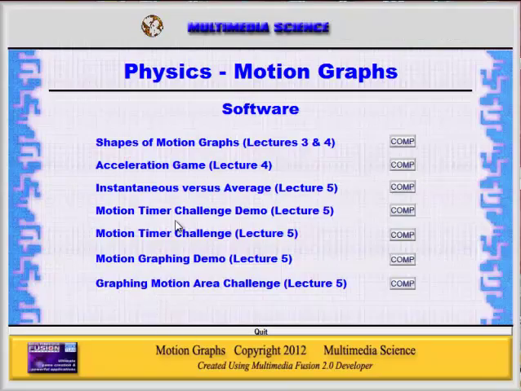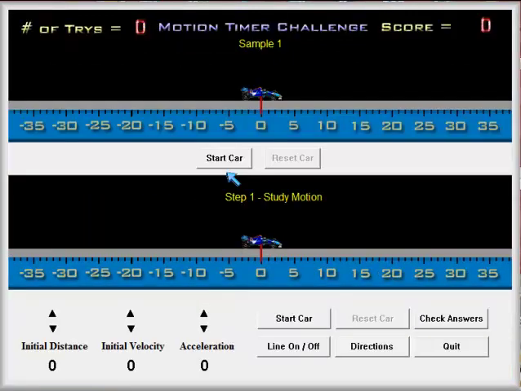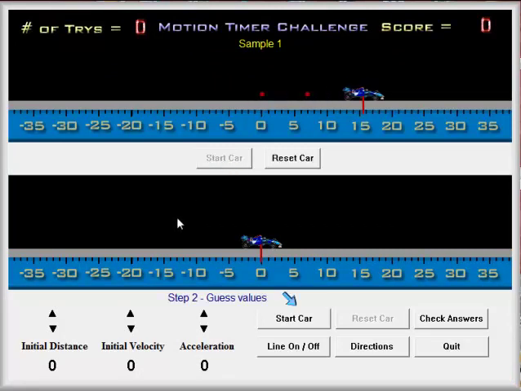There's the Motion Timer Challenge demo, which is, I think, kind of interesting. You get a car and you get to look at its motion and see how the car makes dots every second. And then the student has to figure out what the initial distance, the initial velocity, and the acceleration are.